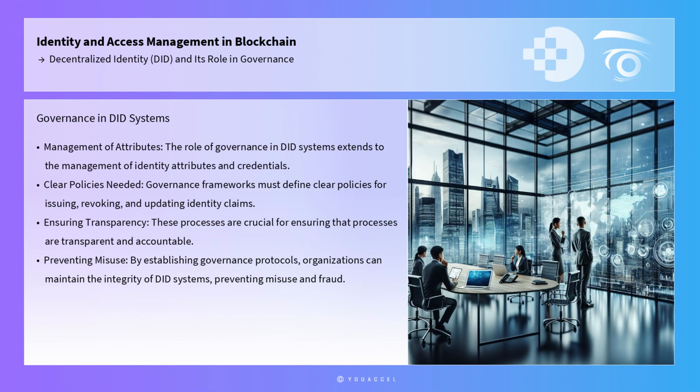The role of governance in DID systems extends to the management of identity attributes and credentials. Governance frameworks must define clear policies for issuing, revoking, and updating identity claims, ensuring that these processes are transparent and accountable. By establishing governance protocols, organizations can maintain the integrity of DID systems, preventing misuse and fraud.